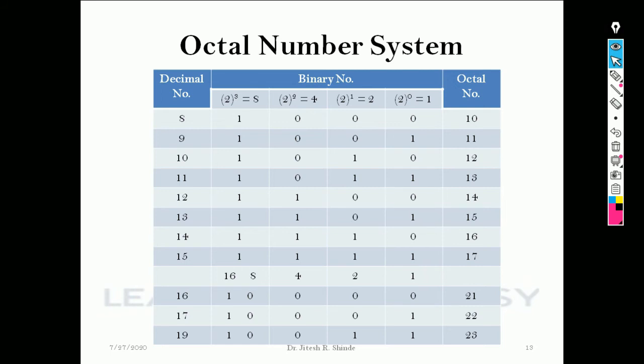Like that we can go on in the octal number system. Its binary representation is represented here. Using the logic of the 8421 code, we can represent up to 17. After that, one more digit we have to append, that is 16. Using the 8421 code, we can represent the next successive numbers.